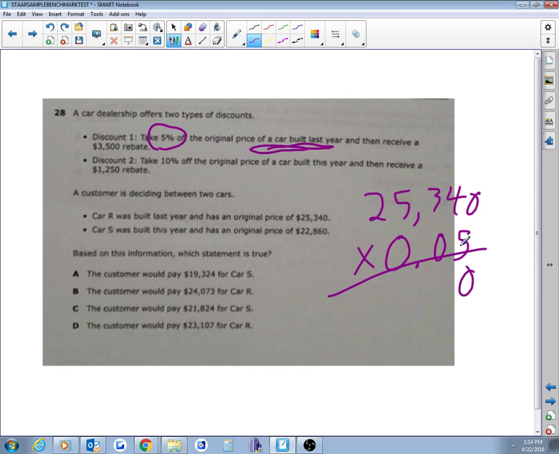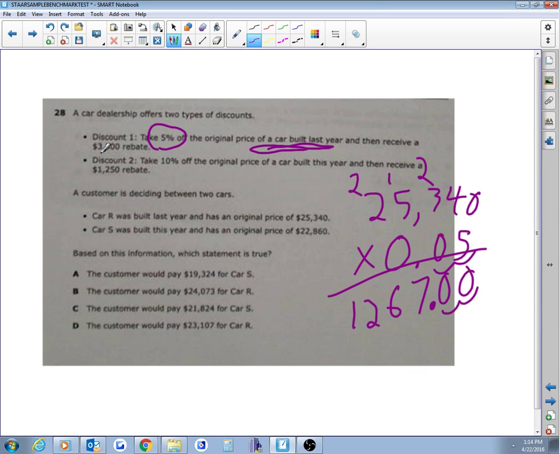So 5 times 0 is 0, 5 times 4 is 20, carry the 2, 5 times 3 plus 2 is 17, carry the 1, 5 times 5 plus 1 is 26, carry the 2, 5 times 2 plus 2 is 12. And then we bring the decimal back 1, 2. So that's the discount for car R.